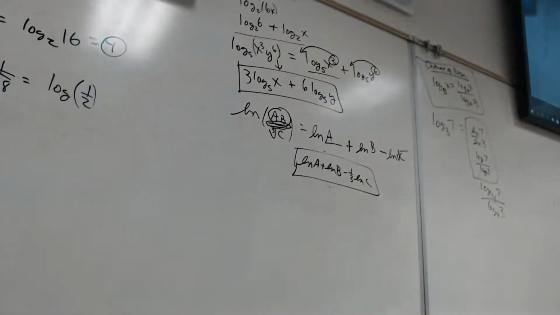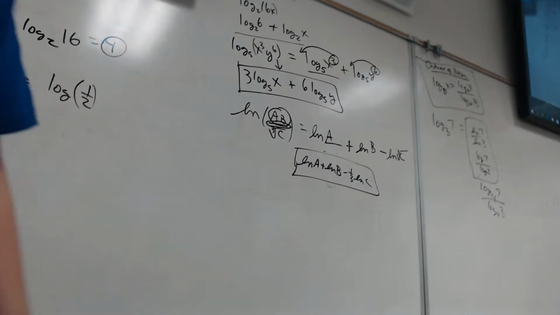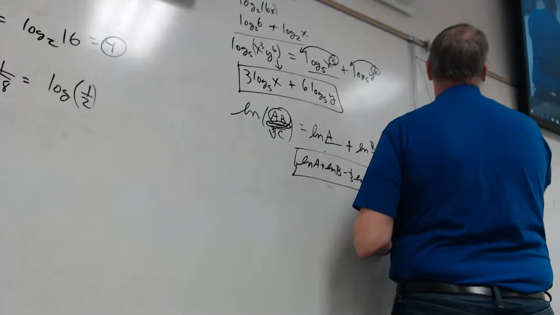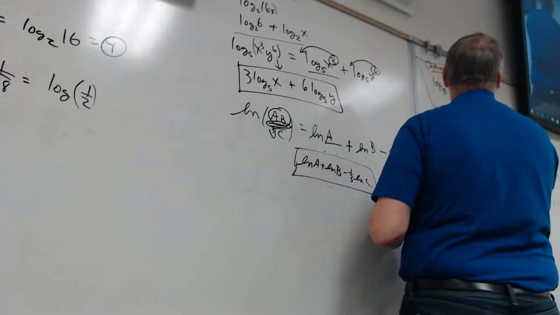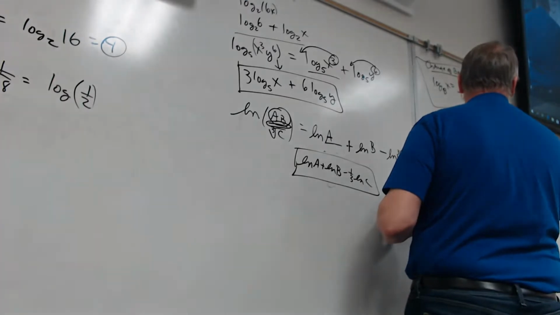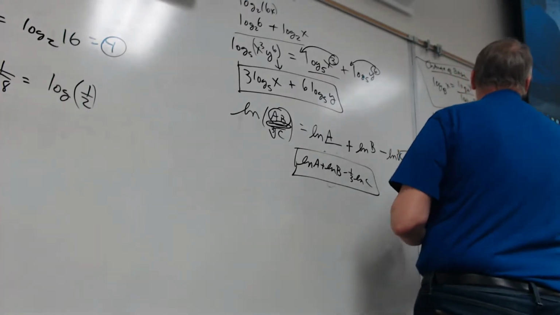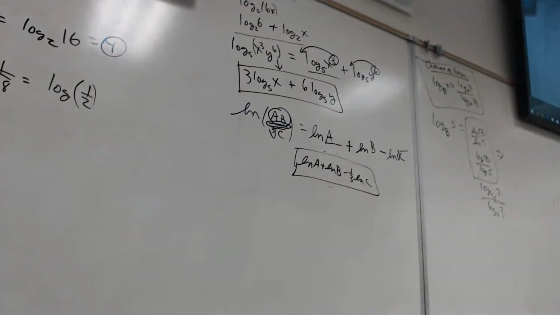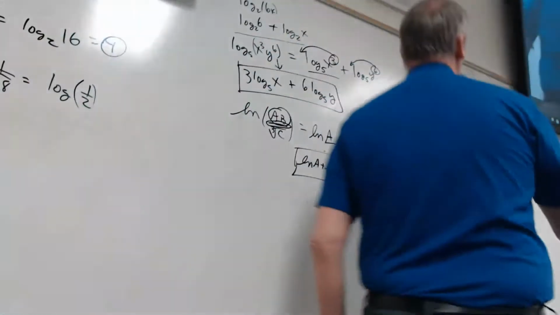I should have used the one they used because I don't know what that answer is. What did they use? They used an 8 and a 5. So if that's an 8 and that's a 5, in both cases, if you plug it in your calculator, you should get 0.7729.